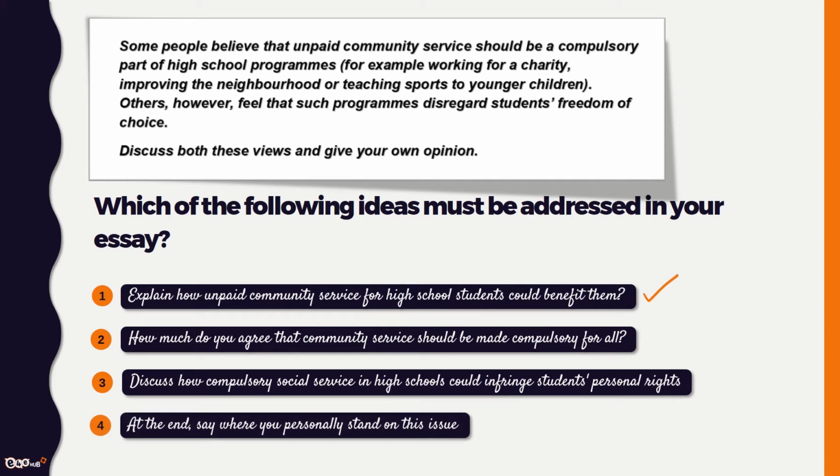First, we are supposed to explain how community service for high schools could benefit students, because that's the first view. Unpaid community service should be made compulsory. So if we are discussing the view that it should be made compulsory, we are supposed to include how students can benefit from this kind of community service activities.